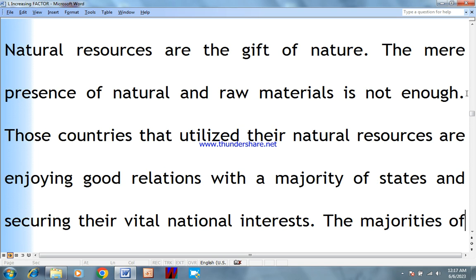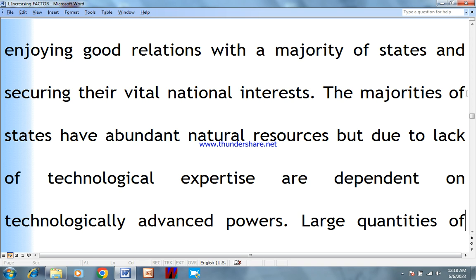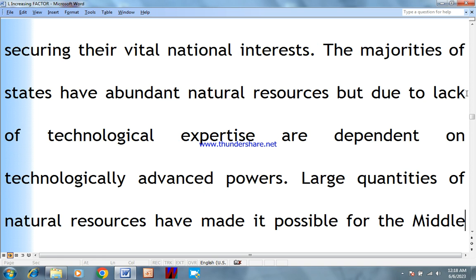Natural resources are the gift of nature. The mere presence of natural and raw material is not enough. Those countries that utilize their natural resources are enjoying cordial relations with the majority of states and securing their vital national and strategic interests. The majority of states have abundant natural resources, but due to lack of technological expertise are dependent on technologically advanced powers.